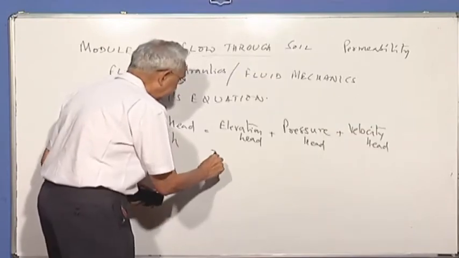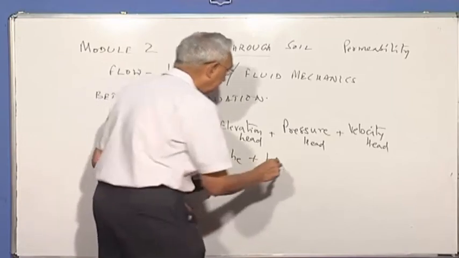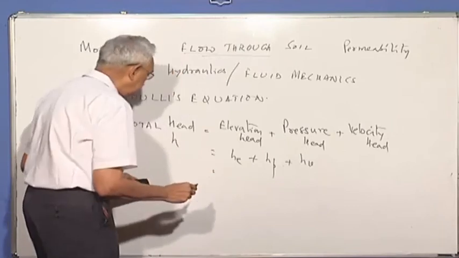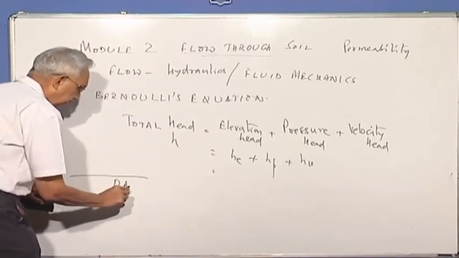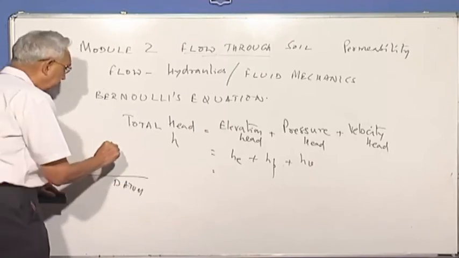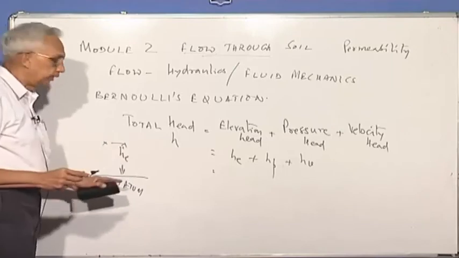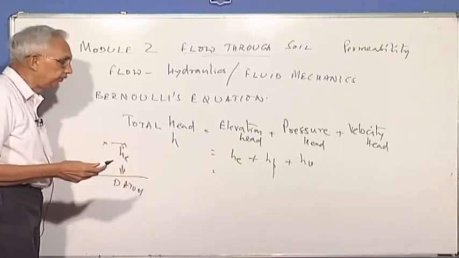I say H is equal to h_e plus h_p plus h_v. What is h_e? It's the height with respect to a datum. If I take a datum somewhere and look at a point here, this is the elevation with respect to the datum. It can be positive or negative depending upon where you take it.